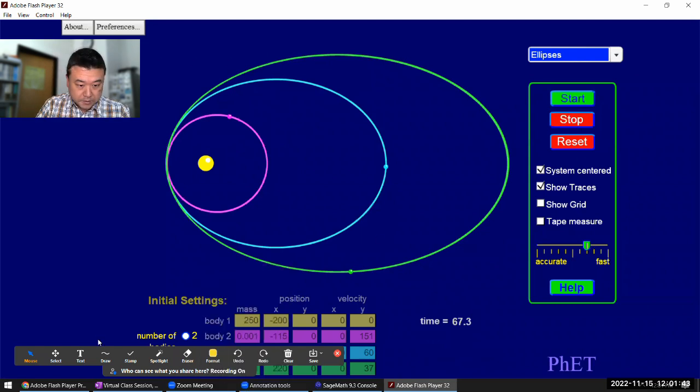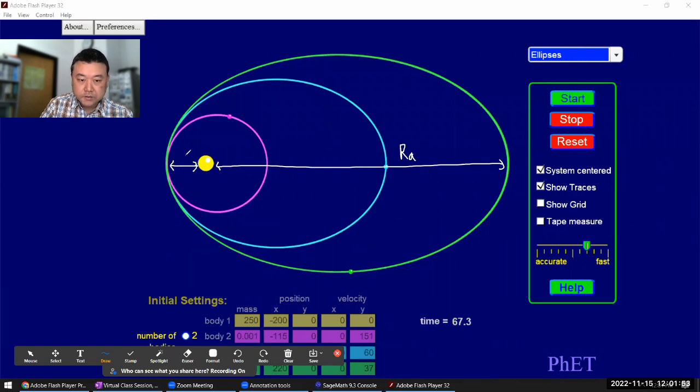Well, it's conserved because when you consider the distance at aphelion and the distance at perihelion, the angular momentum, in terms of rotational inertia times angular velocity, depends on the distance.